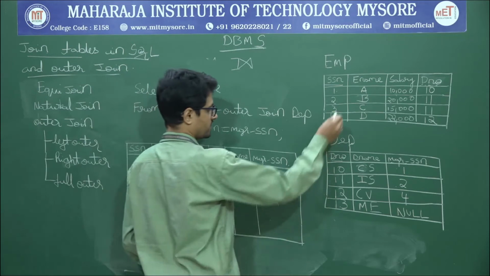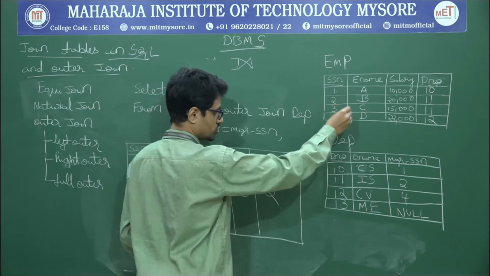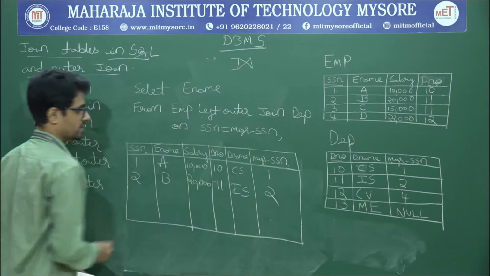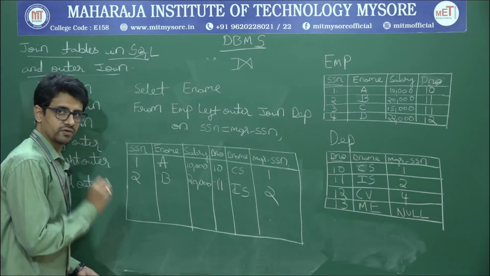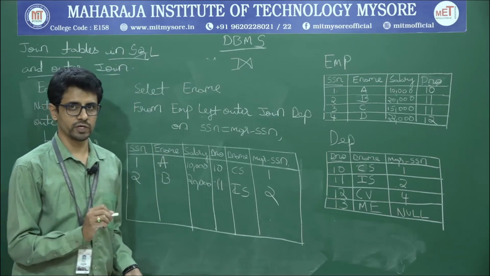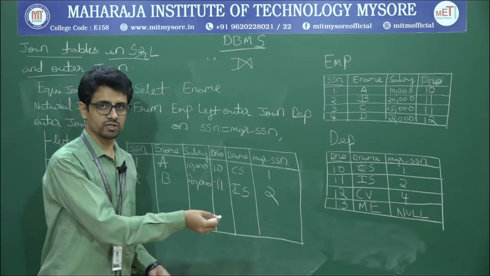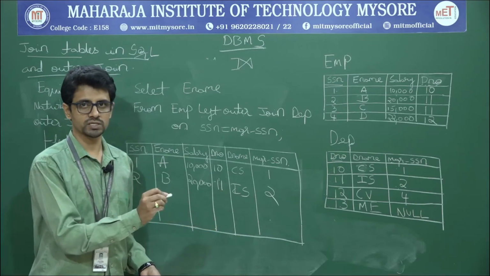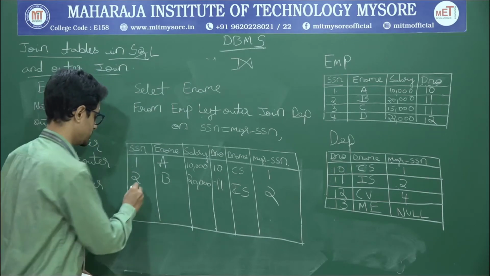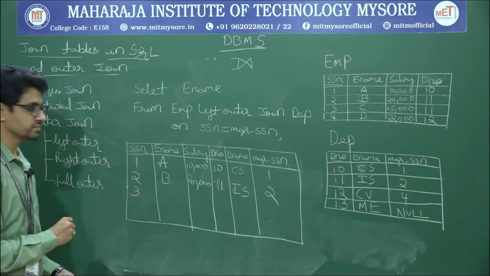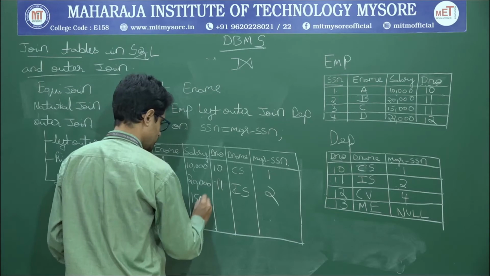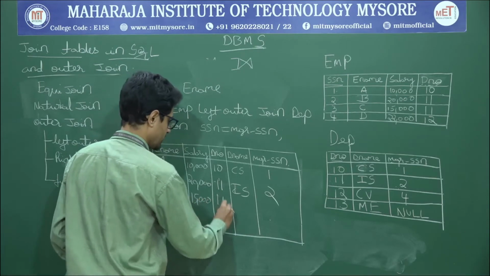Next we have 3. 2 is repeated more than once, no, only once. So 3 is present here, no, 3 is not present here. But listen now carefully, in a left outer join, whether there is a matching element on the right hand side table or not, it doesn't matter to us, but the value has to be present in the output table, that is 3, C, 15,000, 11.